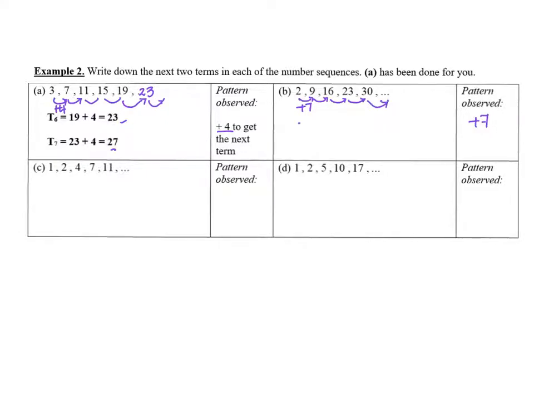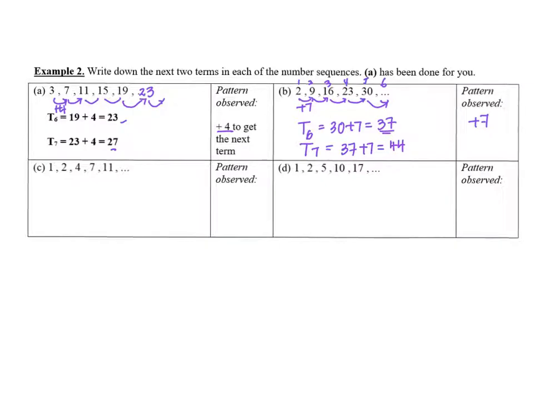The next term will be T, 1, 2, 3, 4, 5, so term 6 will be 30 plus 7 to give you 37. And what will be term 7? Term 7 will be using 37, we add a 7 to it and you'll get the number 44. Have you gotten the answer?